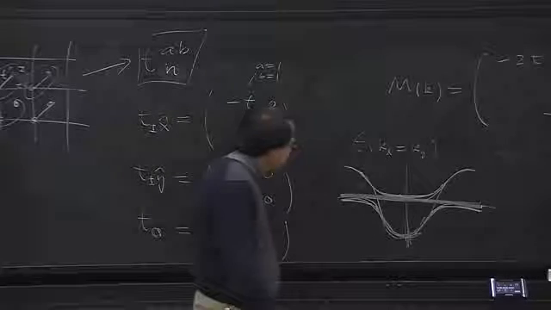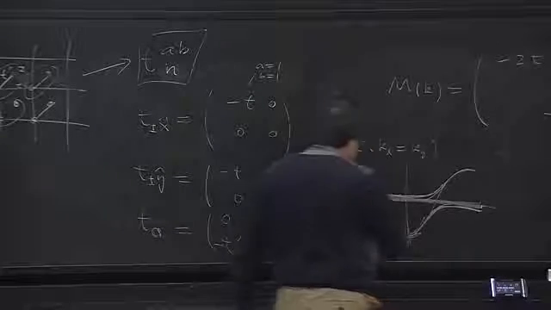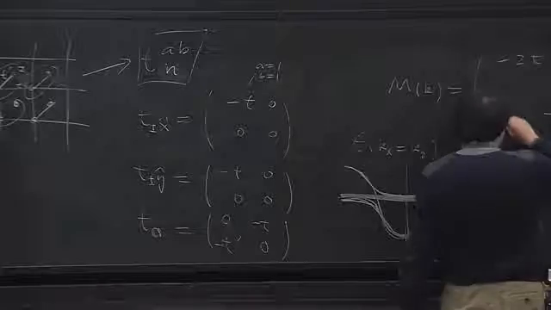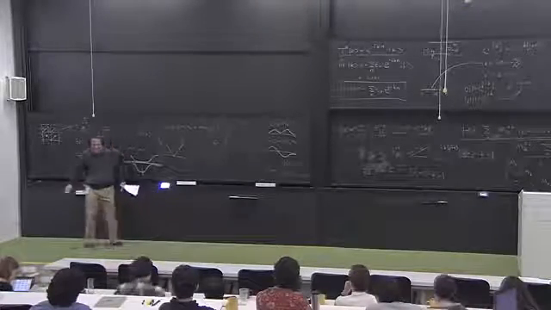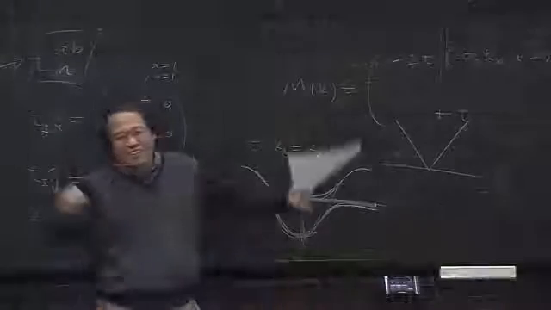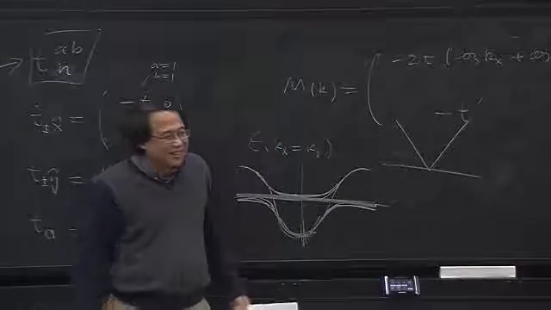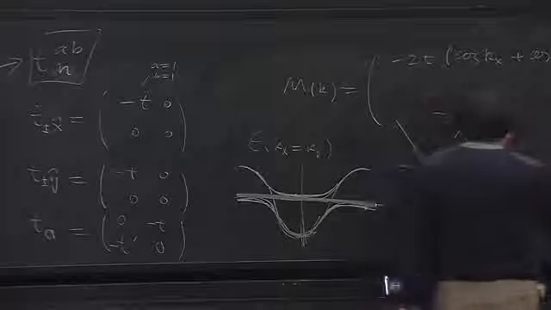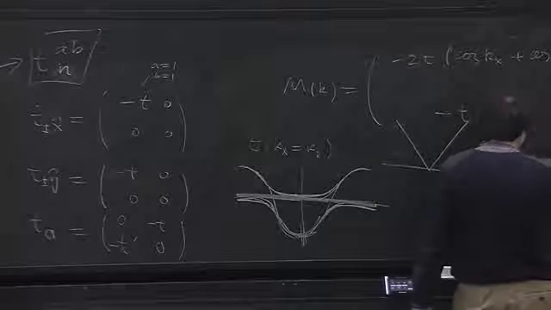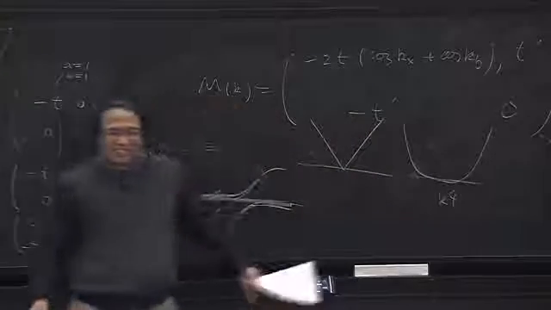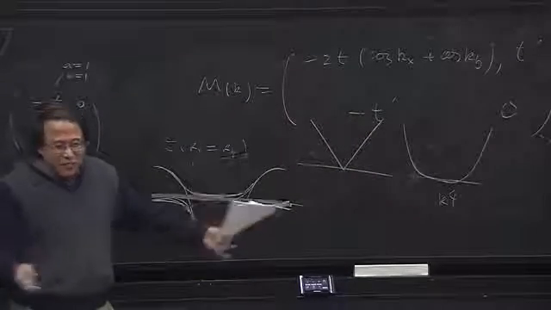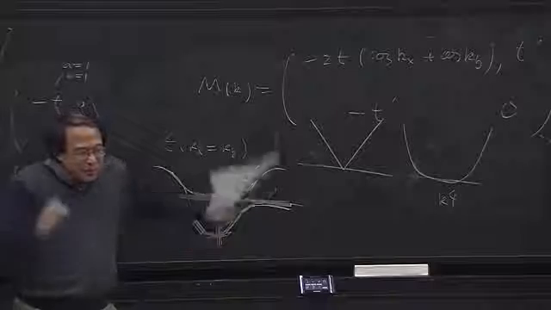Even worse, suppose you have some strange system where the dispersion looks like this. It's a mess. Or some dispersion like this, and the bottom is like k to the 4th. In those situations Newton's picture may not work.